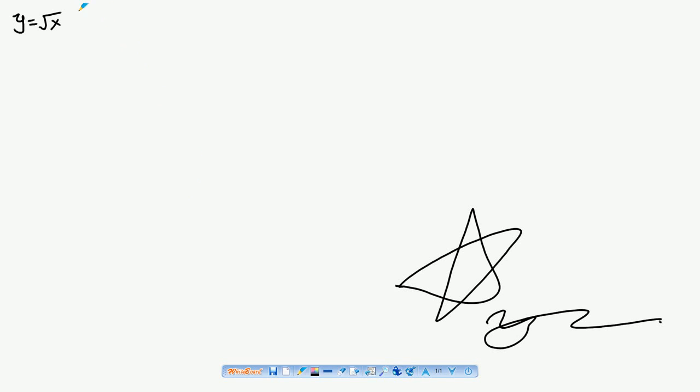In math methods, you have to know how to sketch this kind of graph, y equals square root of x, and I can also label it as x to the power of half.